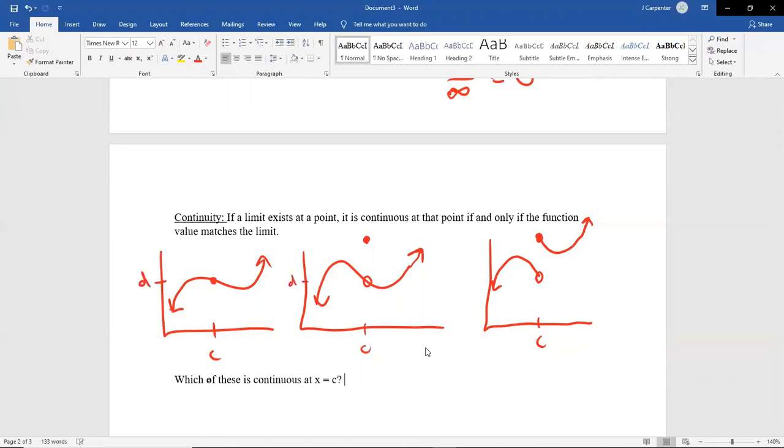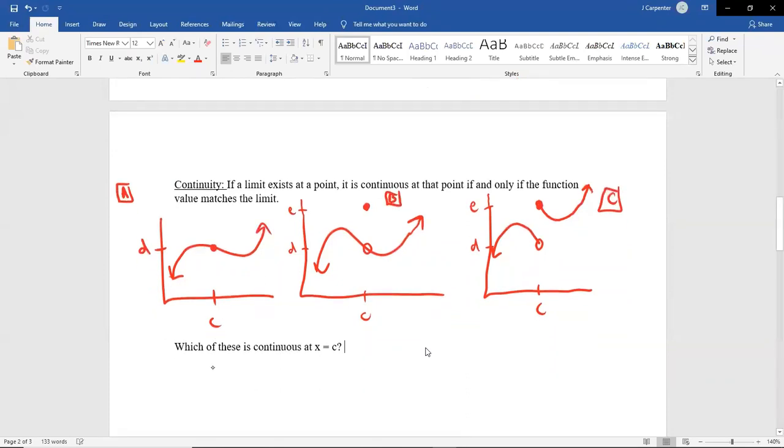So here we have a D, here we have an E, and a D, and an E. Let's call these capital A, capital B, and capital C. For A, the limit from the left is D, the limit from the right is D, and the function value is D. So A is continuous.